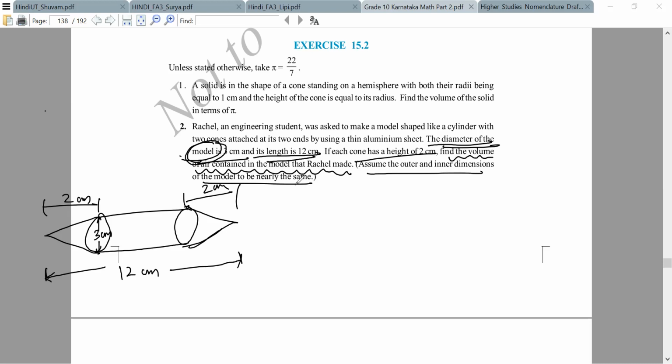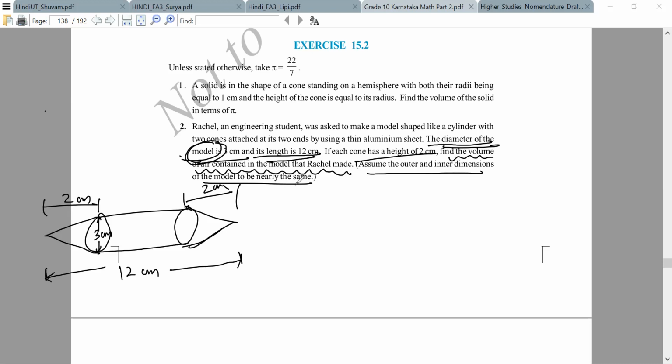Now suppose that aluminum sheet was like a fat thing, then the volume of air inside will get reduced, no? That's why they're telling you don't worry about that. Assume that the inner and outer dimensions are the same. So basically, whatever is the solid size, full is filled with air. It's not like the sheet is something fat or it's wood, something which is taking away air from inside. That's all they're trying to tell you.